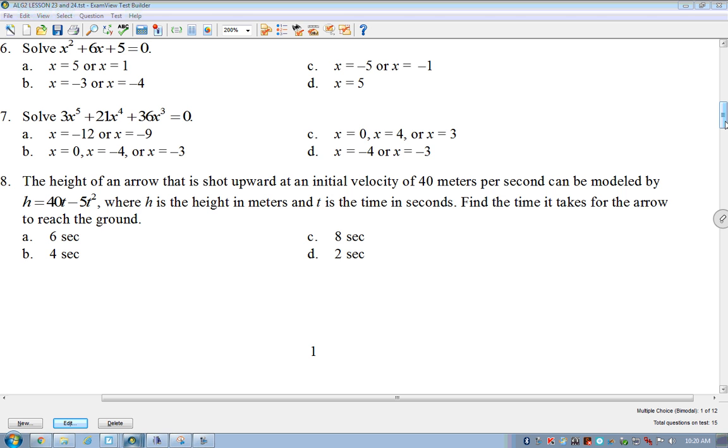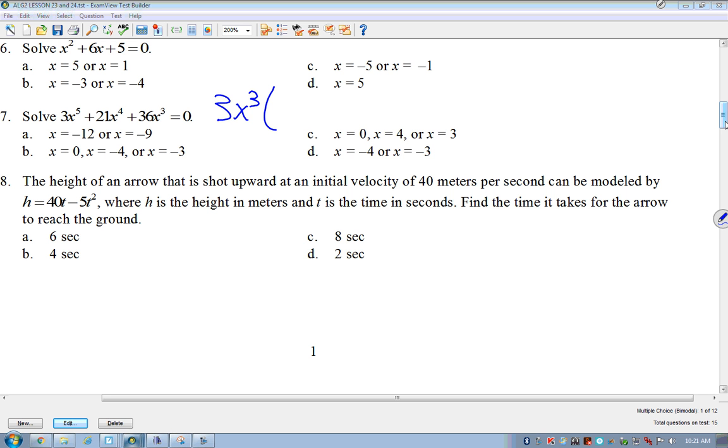Danielle, what do you think? Is there anything I could take out of all of those terms? What could I take out of all of it? I could take out a 3. I can divide everything in there by 3, right? What else could I divide everything by? I could divide everything by 3x to the 3rd, right?